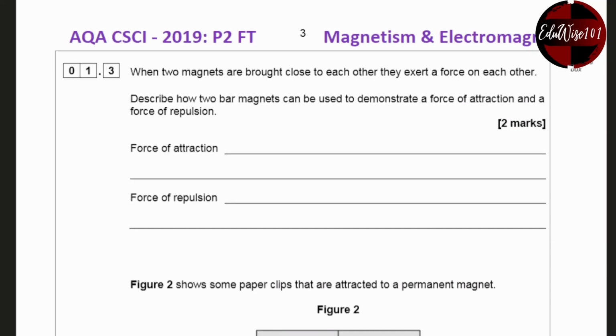When two magnets are brought close to each other, they exert a force on each other. Describe how two bar magnets can be used to determine the force of attraction and a force of repulsion.